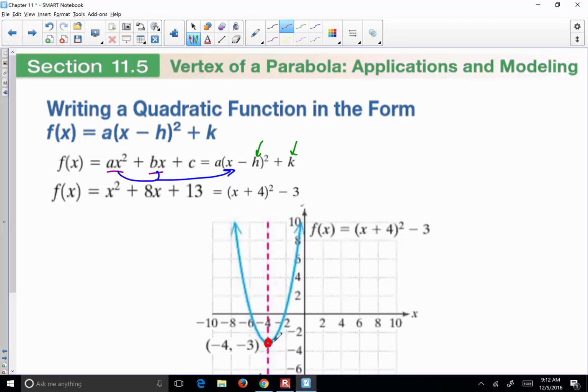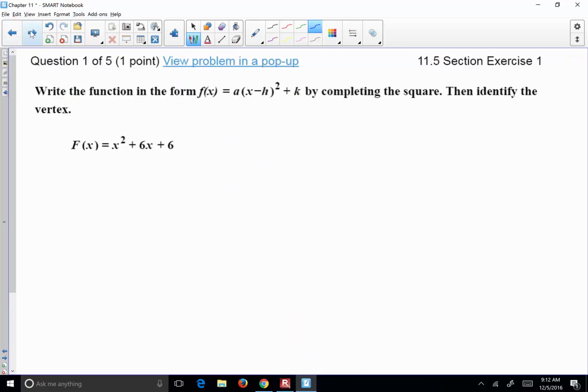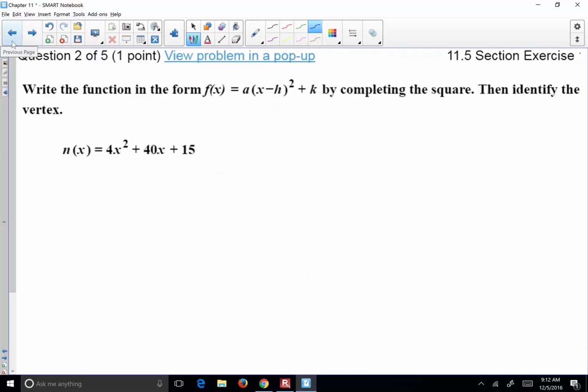Because if you know where the vertex is, you can graph it, you can tell maximum, minimum, axis of symmetry, pretty much everything. So knowing this is very important, and this form is going to tell us that quickly. We like vertex form very much because you can gather all the information from the quadratic function quickly.